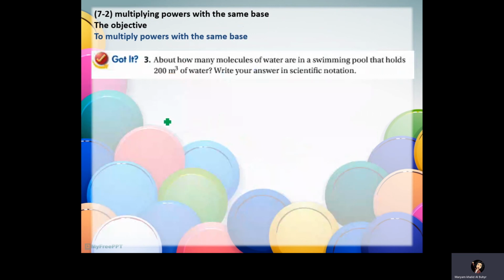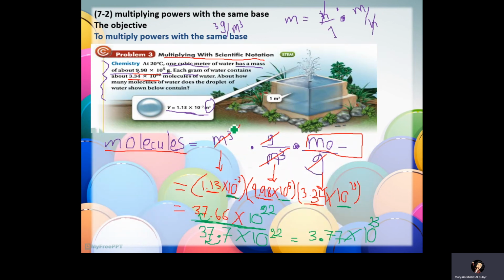We are going to do exactly the same thing as the first part, using exactly the same numbers. The only thing we need to change is this one, the meter cube, which is this number. We need to change the volume that they gave us.